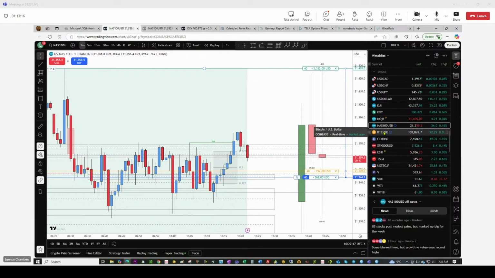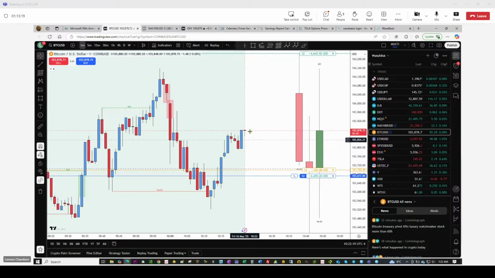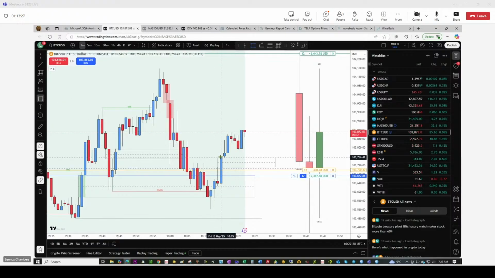So Bitcoin's doing nicely. Couple of gaps in here, so I could move my stop up a little bit more.